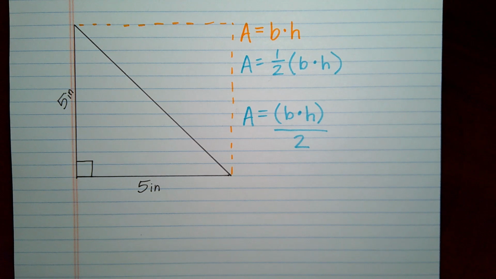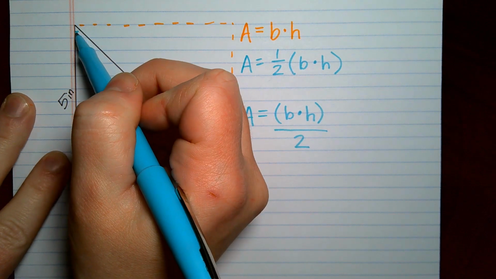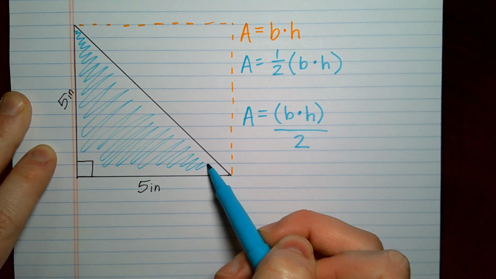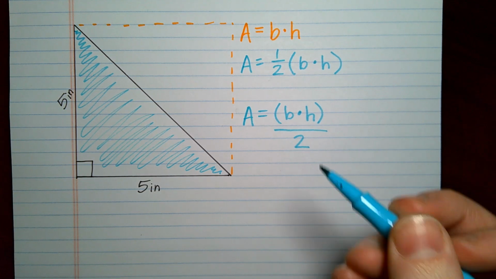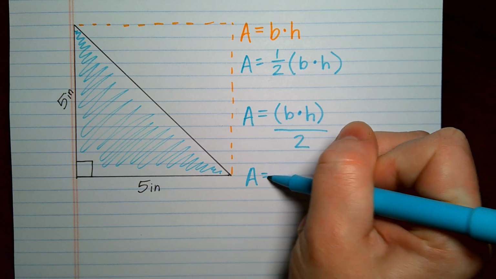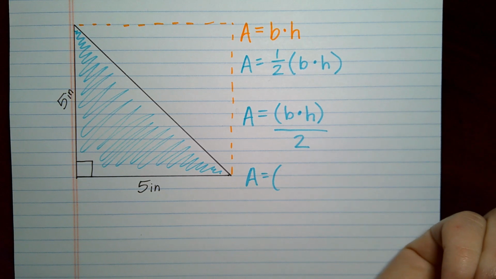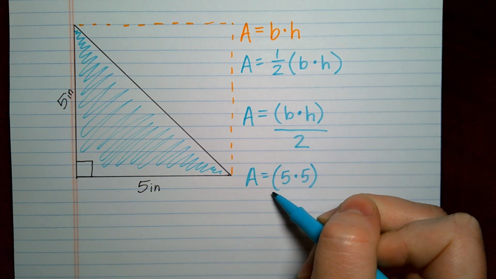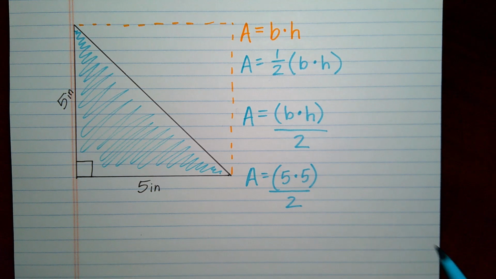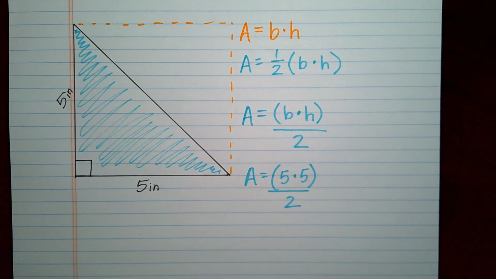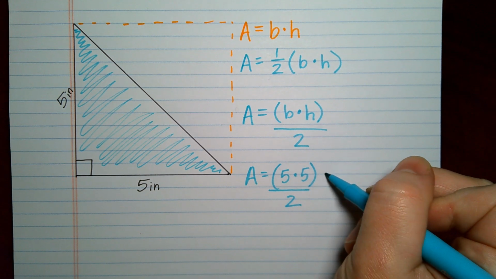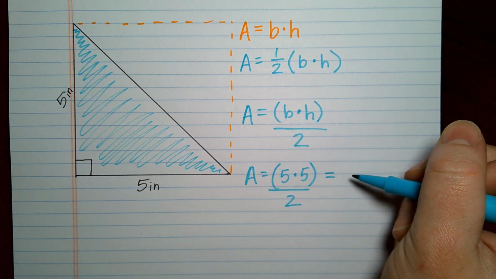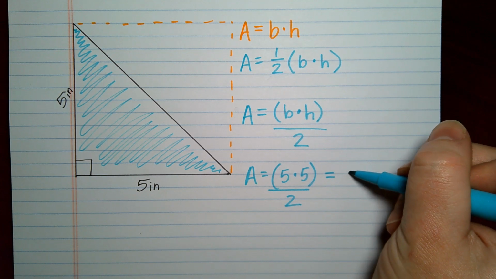So let's find the area of the triangle now. What's our base and what's our height? 5 and 5. So 5 times 5, and then we'll divide that by 2. And what's 5 times 5? 10. Oh, 5 plus 5 is... Oh. 10. 25. 25. You're okay.